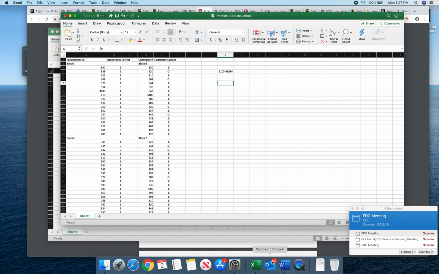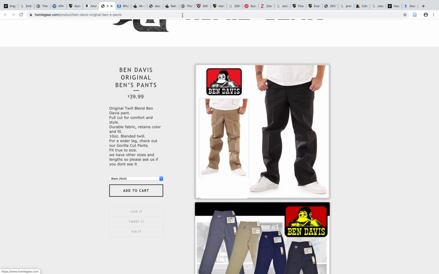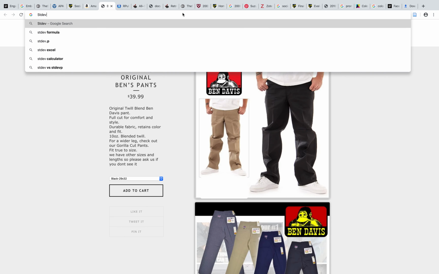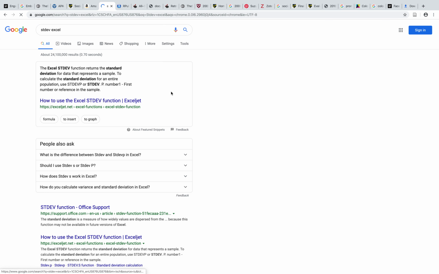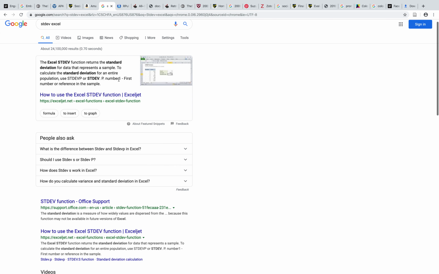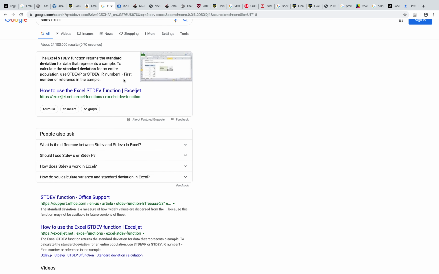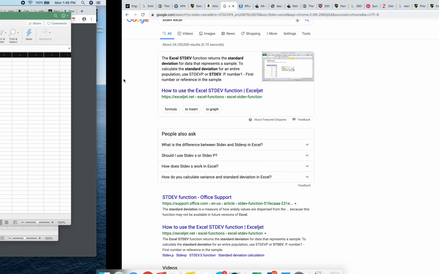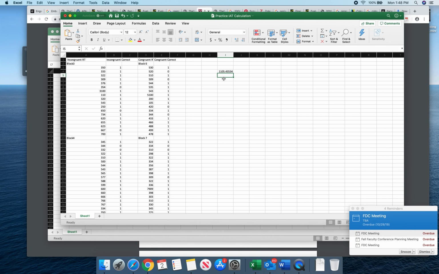And let me just see here which formula I'm using. STDEV in Excel. Right? So there we go. No big deal. So your mean equals the average of all of these together, right? Boom, that's how you do that.